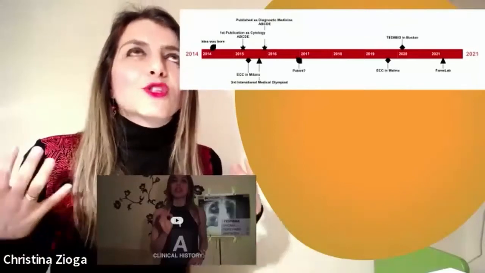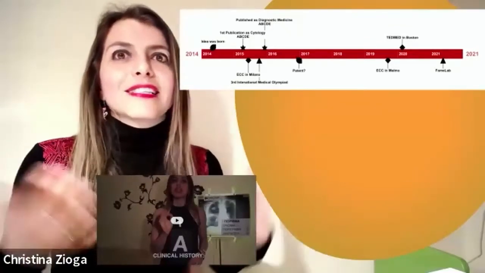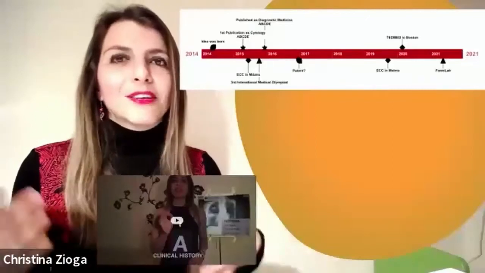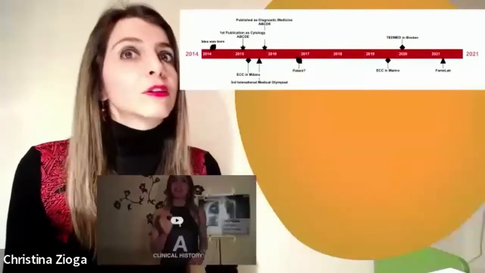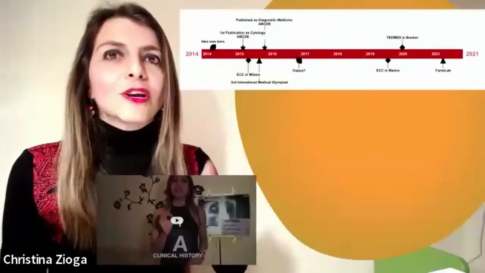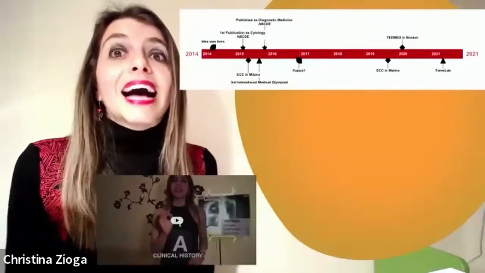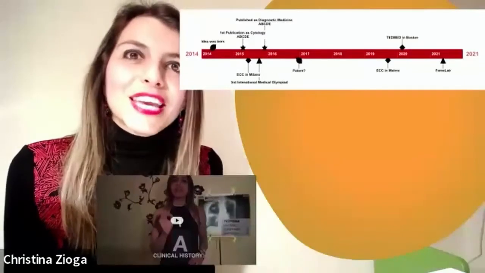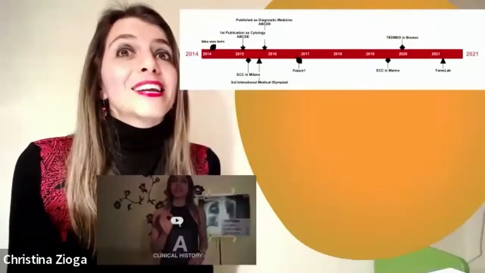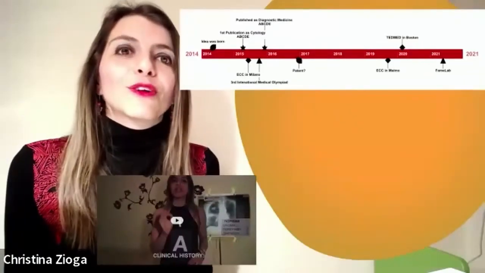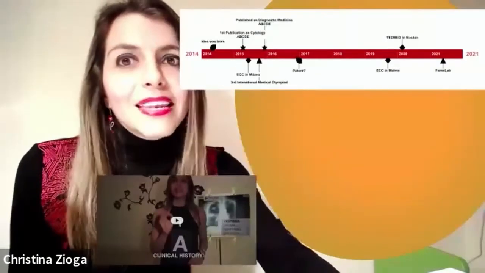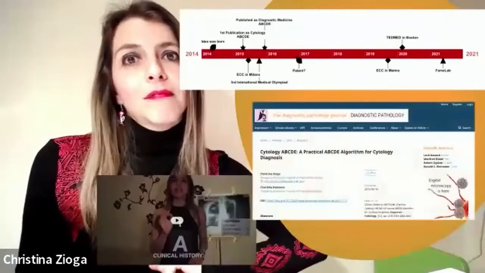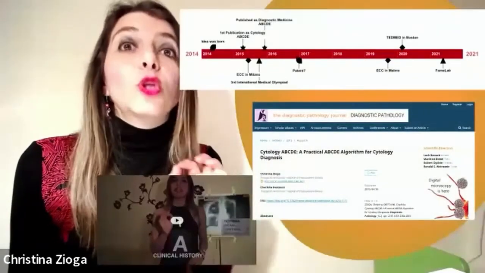You think you have this super idea and you're excited and passionate and you write and you send your submission, and then boom, you're not enough. Rejection letter, rejection letter, rejection, rejection, rejection, until the idea was received with a welcoming letter of approval from Dr. Klaus Kaiser. It was published in Diagnostic Pathology Journal as Cytology ABCDE.